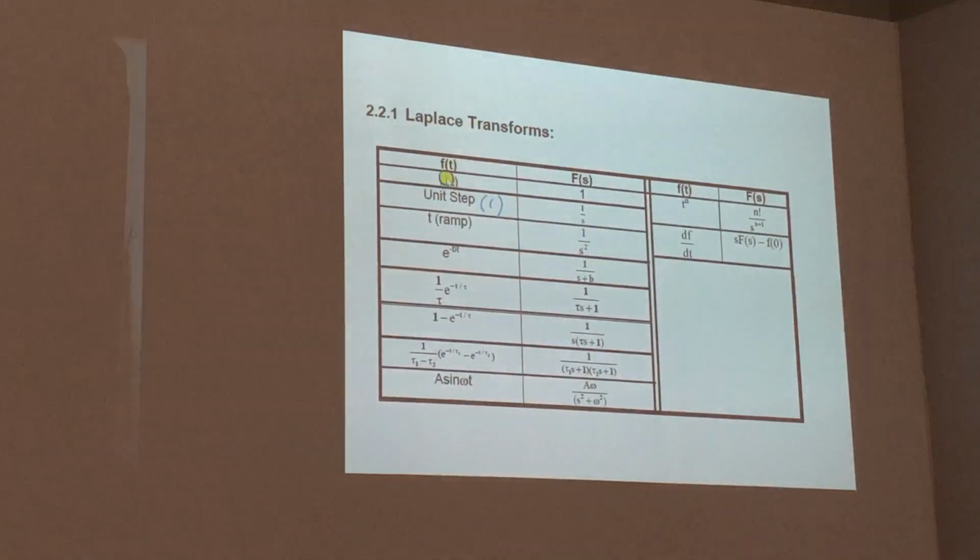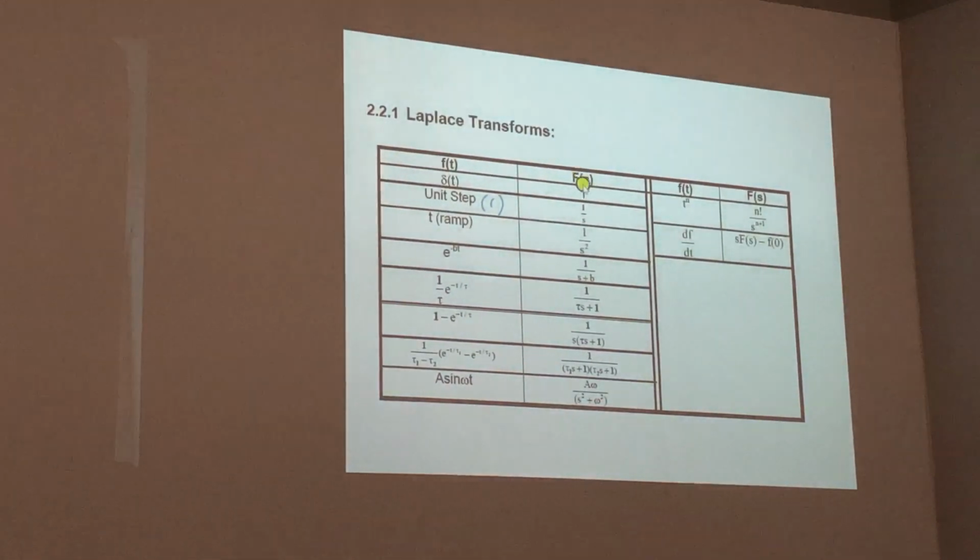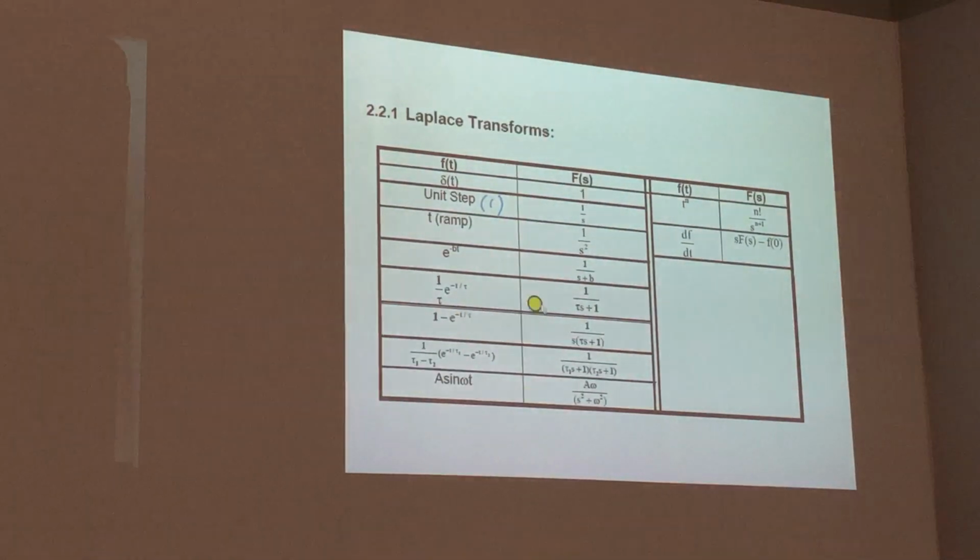For any different function symbol, like for example H, Q, or whatever other alphabet, when you transform, you should go from a small letter to a big one. This one is impulse. When you transform impulse, it becomes 1. When you transform unit step, which is 1, it becomes 1 over s. Ramp becomes 1 over s squared, etc.